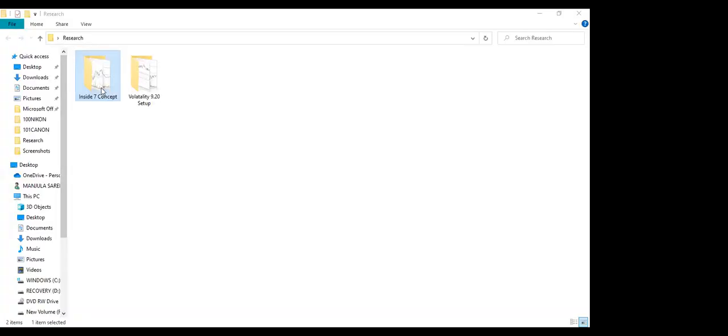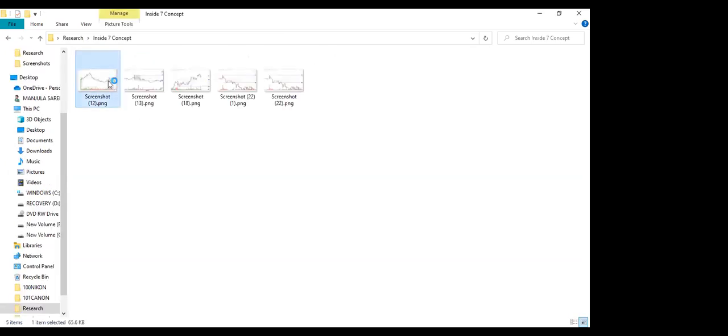The next setup is the Inside 7 concept. Inside 7 is one of the quite famous concepts for intraday trading on a 5-minute candle basis. I'll explain the basics of the Inside 7 concept. I took a few screenshots, and I'll explain them and then go to real time.